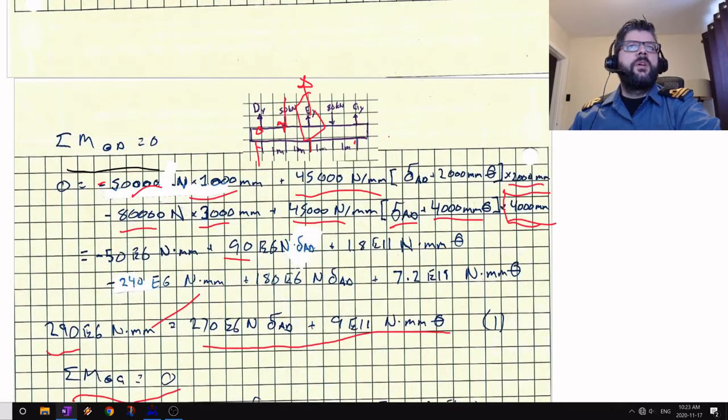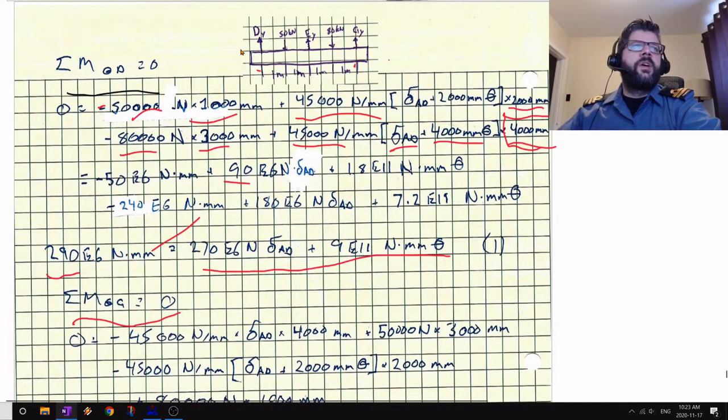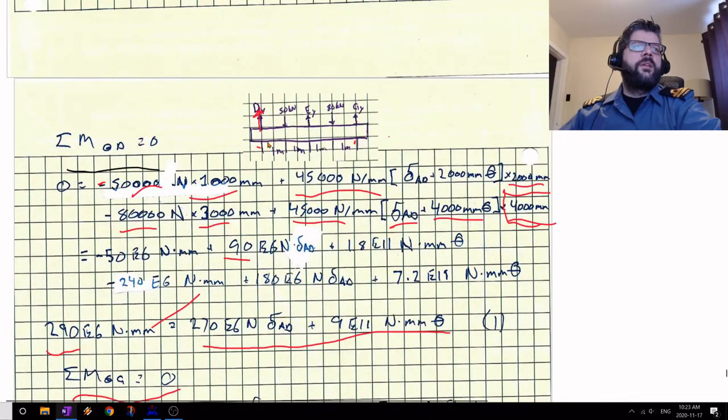We'll start out with our DY, and again, I'll just point out, if we're taking the moment about G, DY is going to be negative, EY is going to be negative. The 50 and the 80 kilonewton ones will be positive moments.